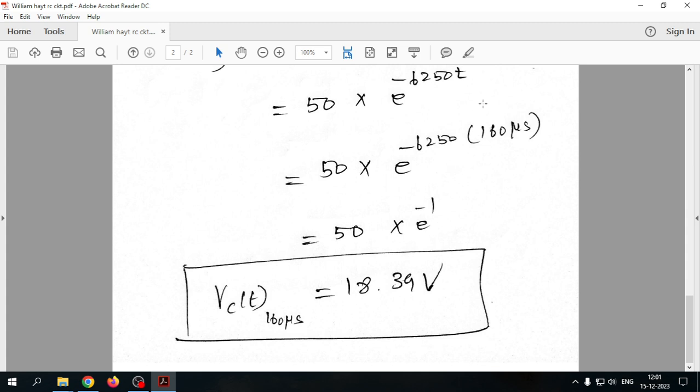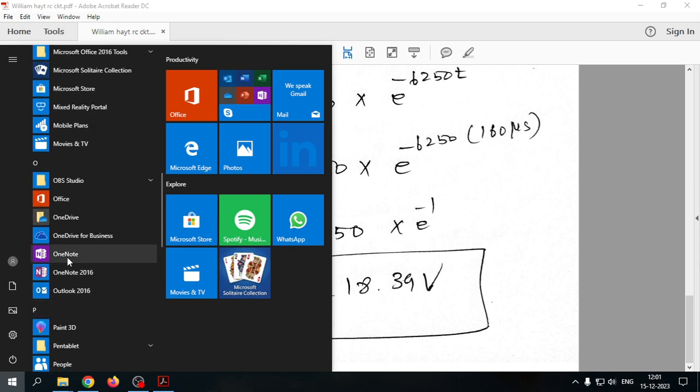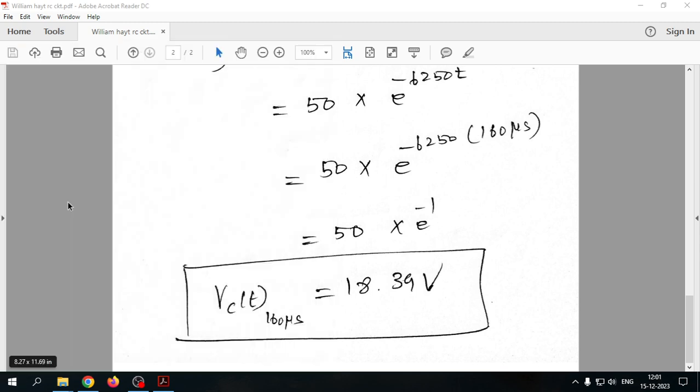It shows that at 160 microseconds, as we saw in the graph that is decaying, the voltage drops from V0 at the top position and goes down, and at 160 microseconds you can calculate it is 18.39. If you want me to show it clearly, I'll use PowerPoint.